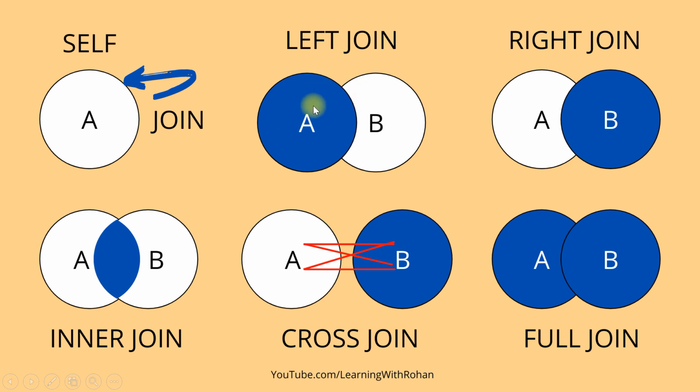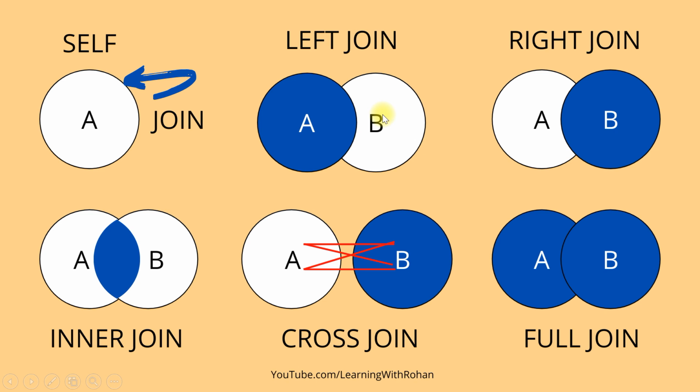So in this scenario, if you want to find out the count of rank students in each city, then you would be using city as your left table, which is A, and B as your rank student table.